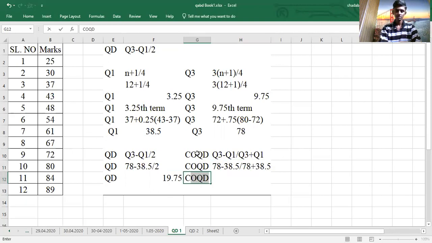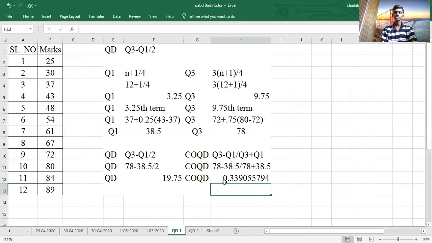Just simplify this and you will get the coefficient of quartile deviation, which is 0.339.